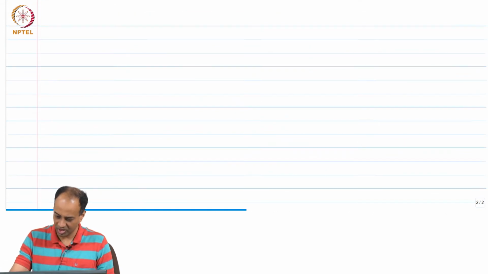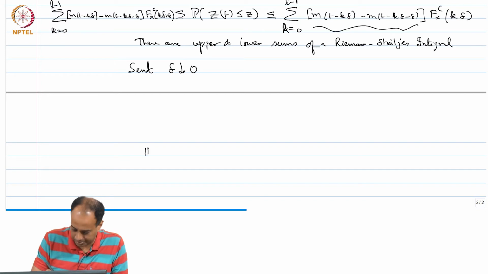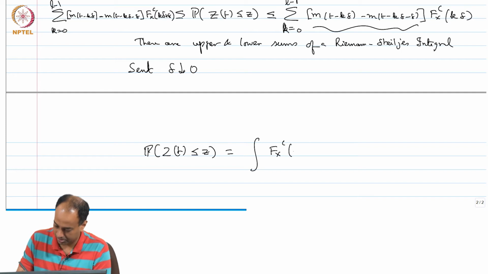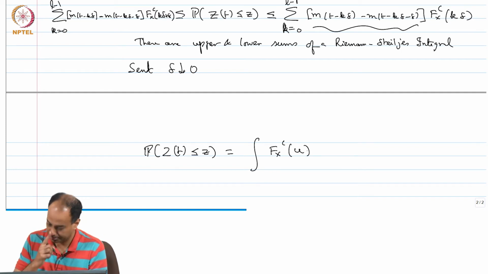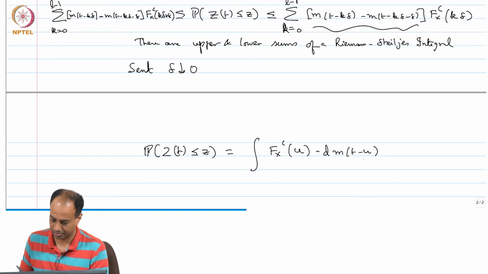In fact, what happens is, now you send delta down to 0, you will get the probability that Z_t is less than or equal to z equal to the integral of f_X complement of u d m of t minus u, where u goes from 0 to z.